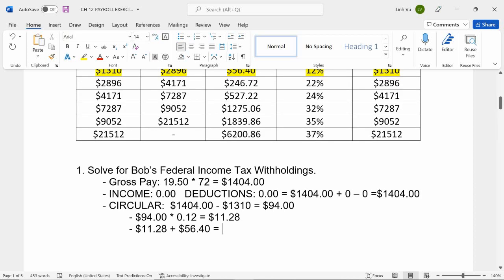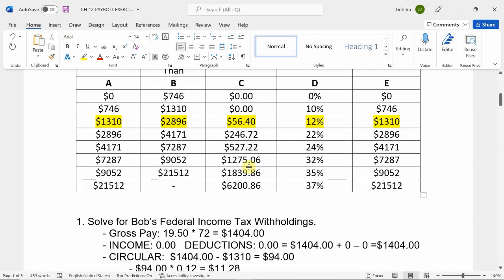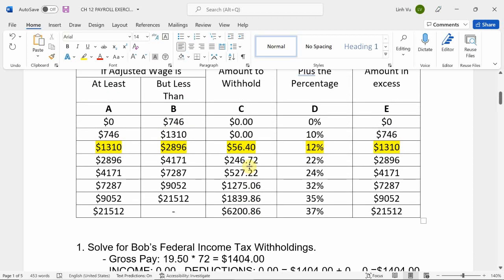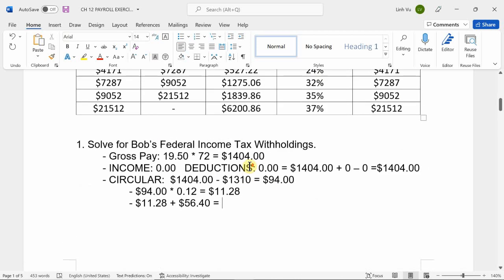So how much in grand total? 56 with 11.28, correct? That comes to 67.68.